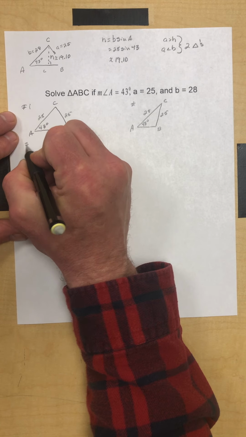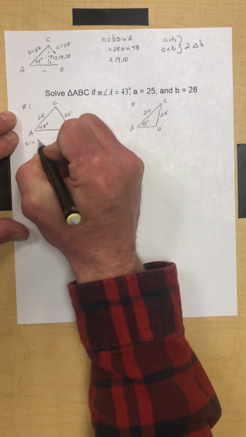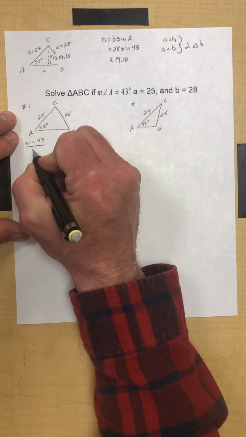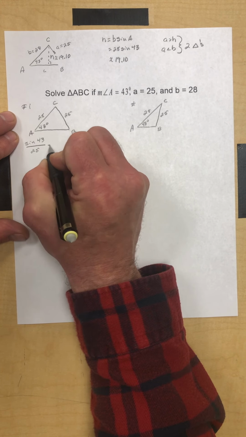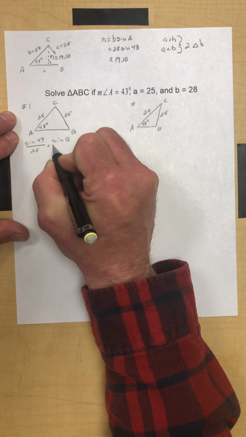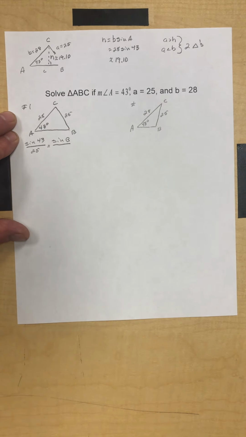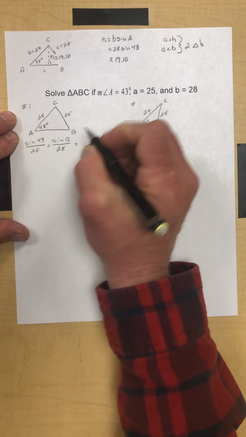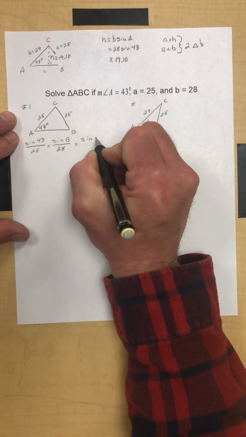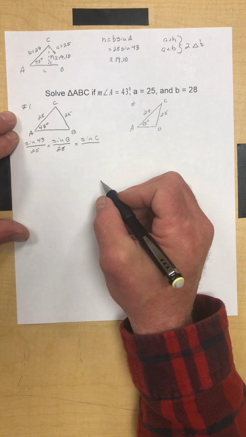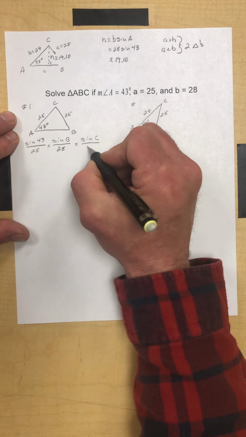I've got the sine of angle A, which is 43 degrees, over the length opposite that, which is 25, equals the sine of angle B, which we don't know, that'll actually be something we have to find, over the length of the side opposite that, which is 28. And then we have the sine of angle C, which we don't know, over the length of the side opposite, which we don't know either. We could call it little c. I'll just call it AB.